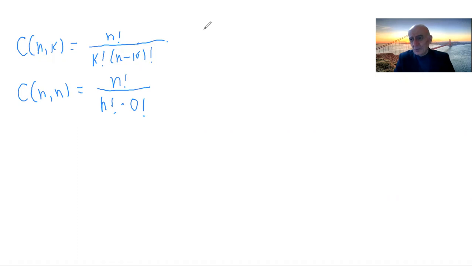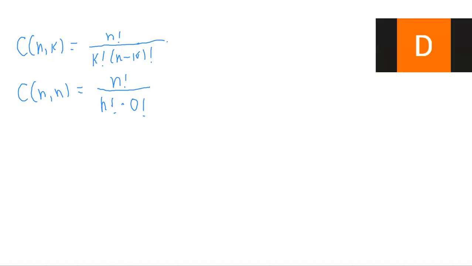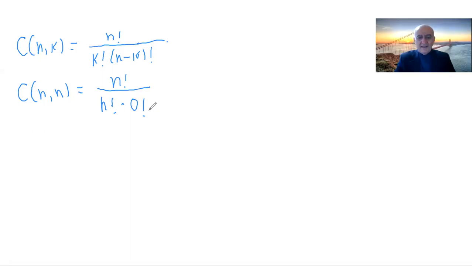What do you think? 0 factorial, I don't understand why, but 0 factorial is 1. So it would be n factorial over n factorial, which equals 1. Very good, David. And 0 factorial, by definition, is 1. That definition is needed for this formula to work, because without it we would have no such formula.